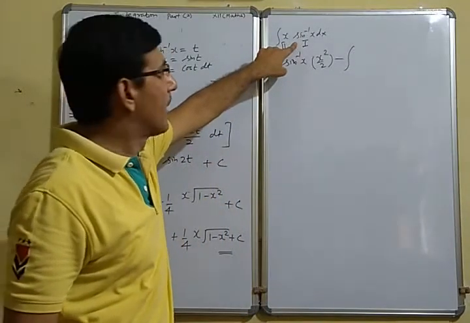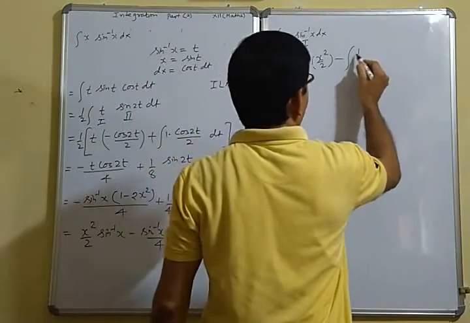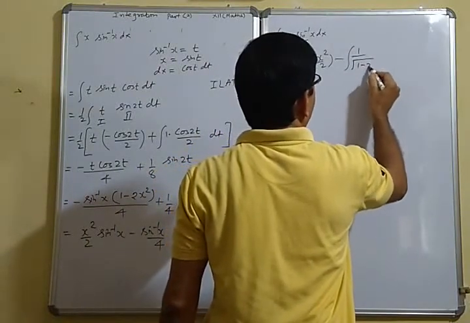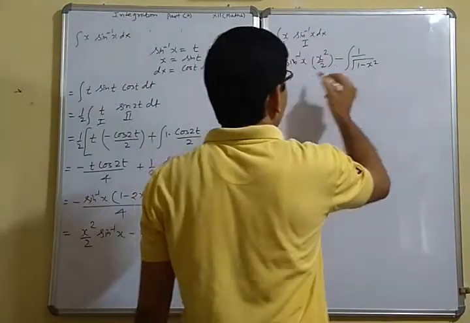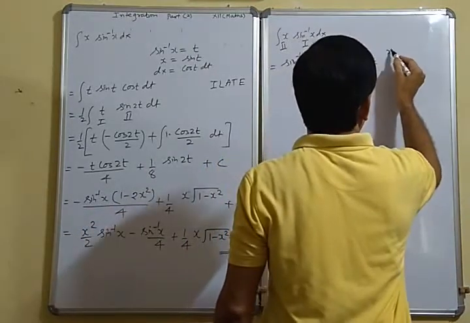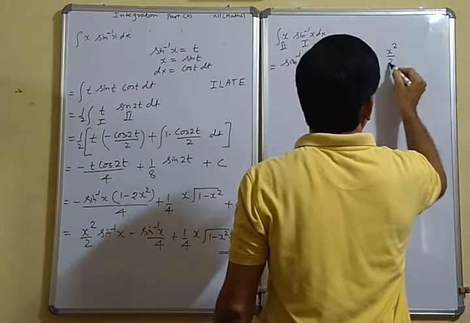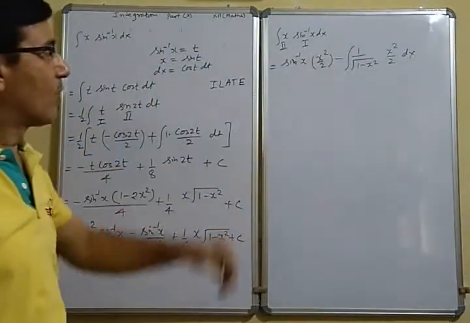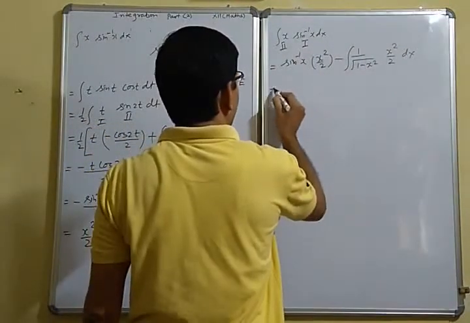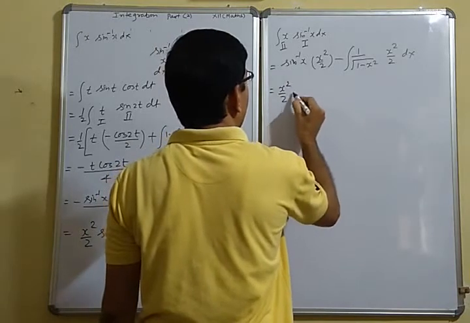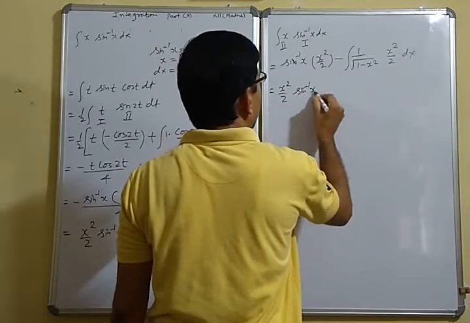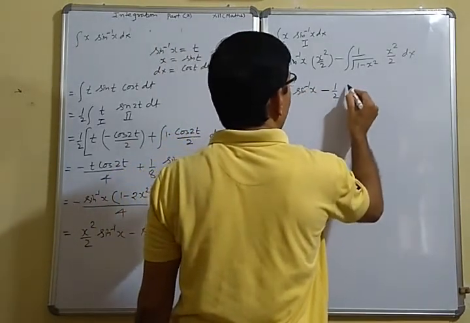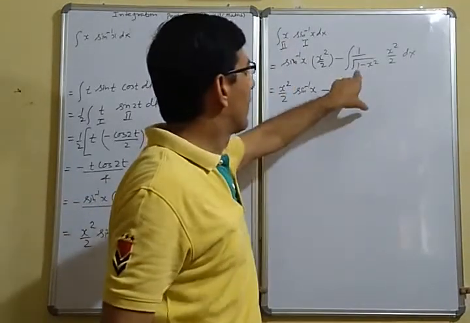The derivative of sin inverse x is 1 upon under root 1 minus x square, into integration of x, that is x square by 2, dx. Take 1 by 2 outside, so this becomes x square by 2 sin inverse x minus 1 by 2 integration of x square upon under root 1 minus x square.